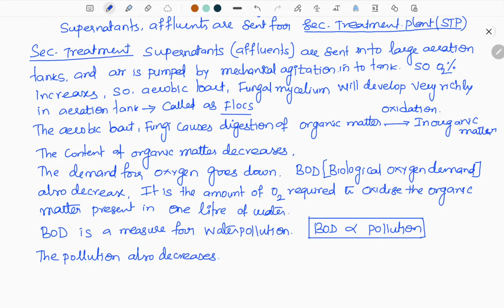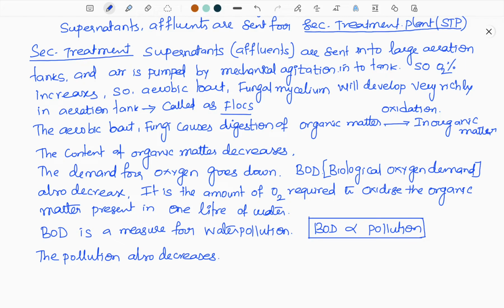Now, what is the next step? We know that the organic matter decreased by the oxidation by aerobic bacteria as well as the fungi. So organic matter will go down, pollution will go down, BOD will go down. But aerobic bacteria increase tremendously. Then what to do with this aerobic bacteria? The aerobic bacteria as well as the flocs are allowed to settle down, to sediment in a settling tank.